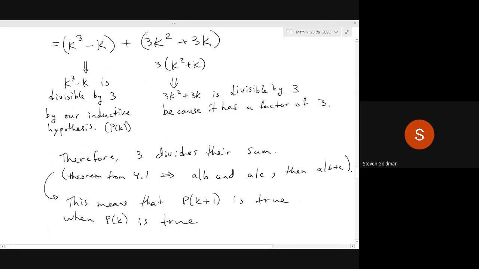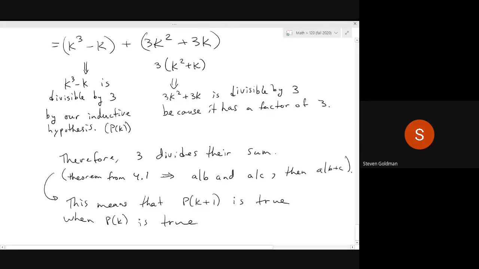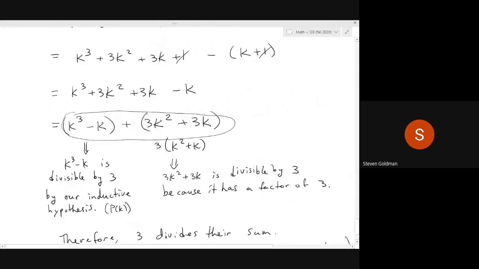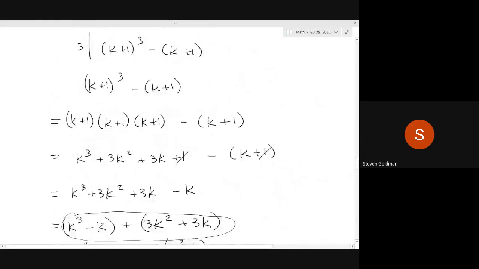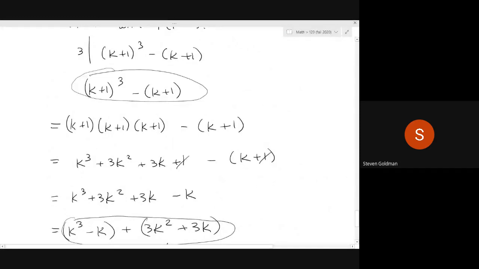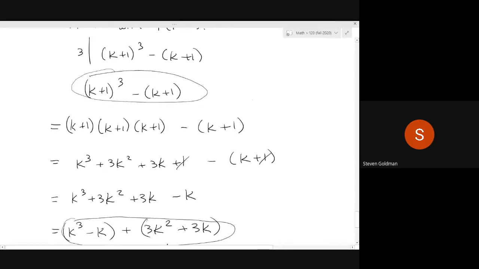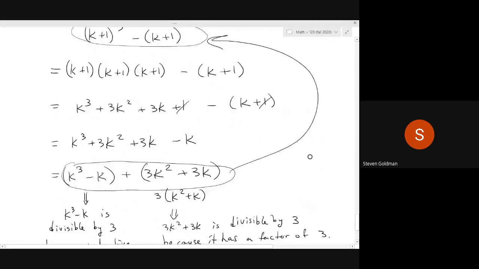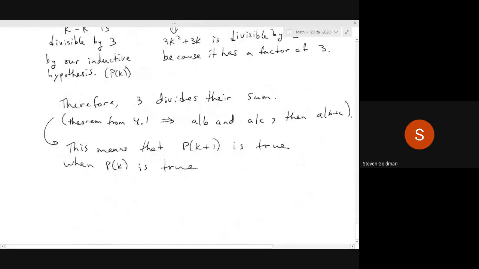Then 3 will divide this. I'm going to scroll back for just a moment. If 3 divides this, then following up with the equals, that means 3 divides k plus 1 cubed minus k plus 1. So that's divisible by 3. So the inductive step is complete, and the proof is done.